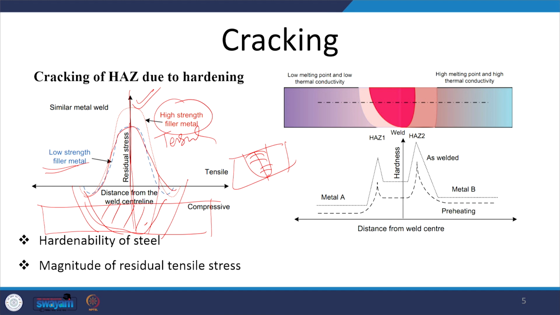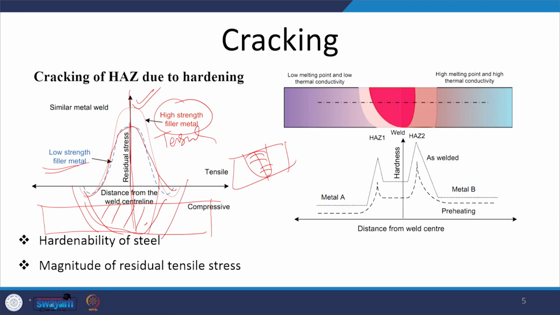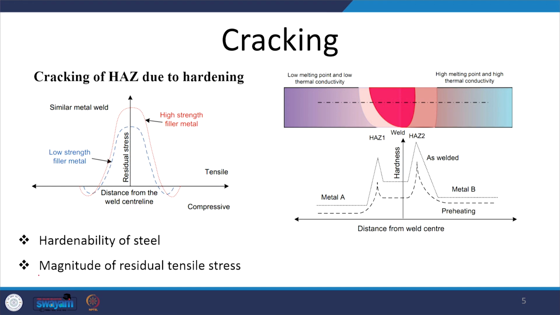And one more thing, the maximum magnitude of the residual stress that can be induced is equal to the yield strength, because if it is greater than that, then warping or distortion will happen, or the material will tend to behave very erratically. So, this is showing the effect of the filler metal choice on residual stress development.